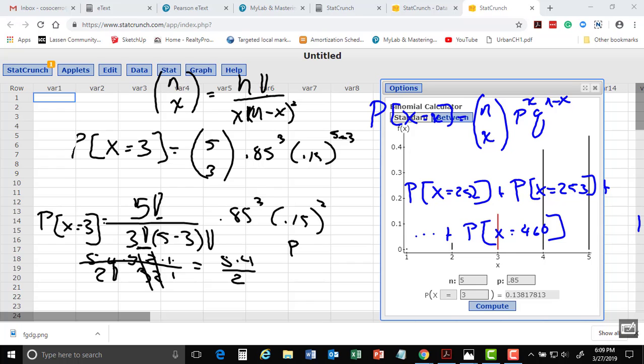The probability of x equals 3 is equal to 10 times 0.85 to the third times 0.15 to the 2nd. And I would hope that in the end it comes out to this value.